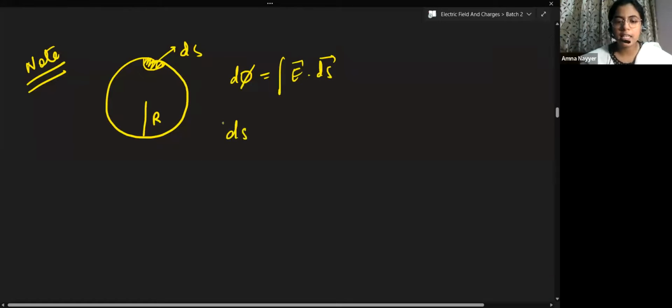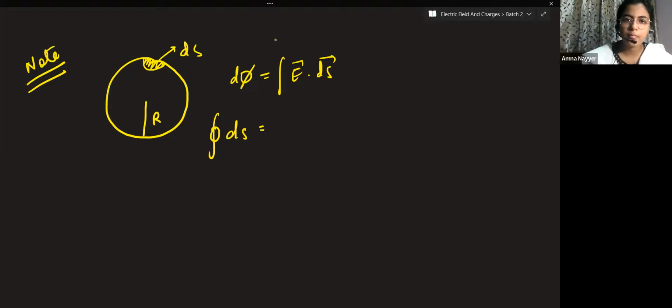Ds in case of a sphere. What is the surface area of a sphere, where r is the radius?